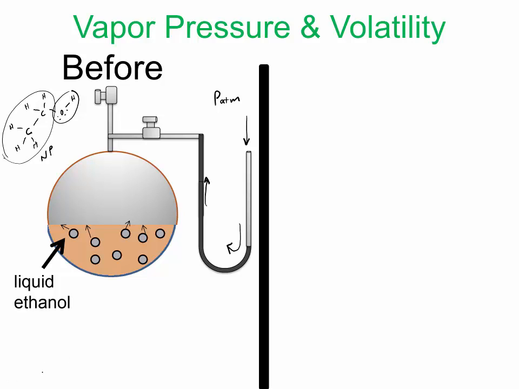In fact, if you leave the cap open on either rubbing alcohol or nail polish remover for a day or two, you're going to lose much of the liquid, if not all of it. The reason is that some of those liquid molecules are converting into gas molecules and flying up into the surrounding air.